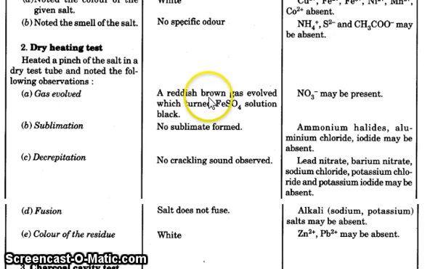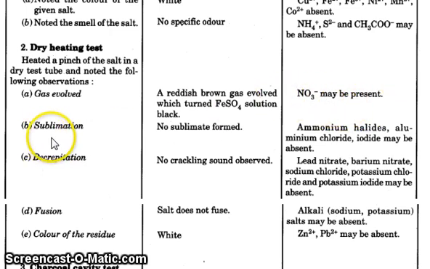You observe it. What do you observe? A reddish brown gas evolved which turned FeSO4, ferrous sulfate solution, black. So this is your observation, and from this observation, what is your inference? Nitrate may be present.